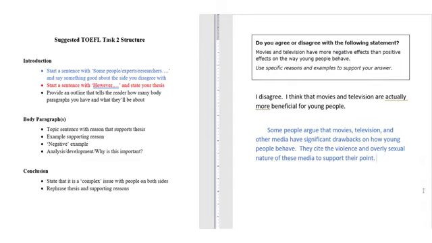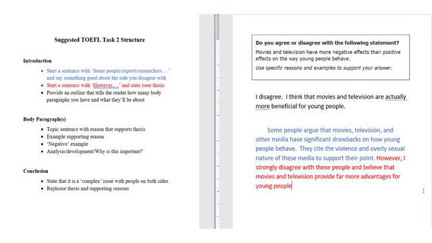So you would say, however, I strongly disagree with these people and believe that movies and television provide far more advantages for young people.